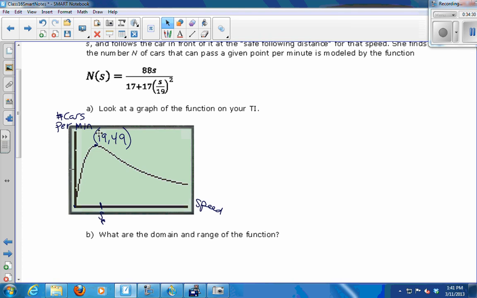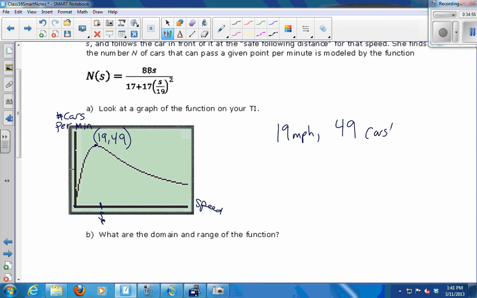So 19, what does that represent? What are the units on that 19? Speed, yes. It's an input, right? It's the x value. X-axis is speed. So 19 represents miles per hour. So this is 19 miles per hour, comma 49. And what are the units on that one?